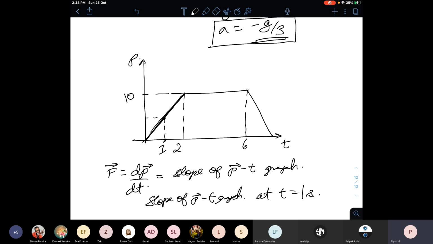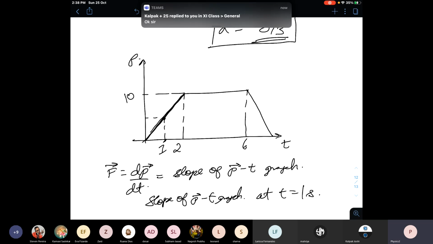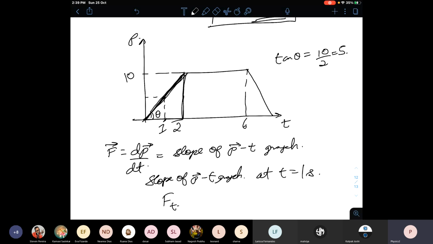The tangent to a straight line is the straight line itself. So at this point, if you write the slope, if this is theta, so tan theta, if you see this triangle, tan theta can be written as 10 by 2, that is 5. So the force at t equal to 1 second is 5 Newton. Done.